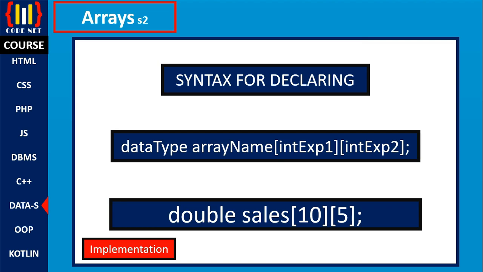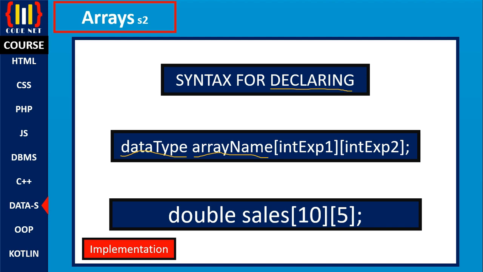And if we were now to understand how we can implement a two-dimensional array, this is the syntax. We need to specify the data type, and then we need to specify the array name. What is the name of the array? And don't forget, this is at declaration, when we want to declare a two-dimensional array.